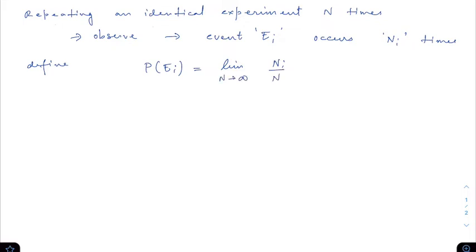So basically, what is the fraction of times E_i occurs if we repeat the experiment for a very large number of times?